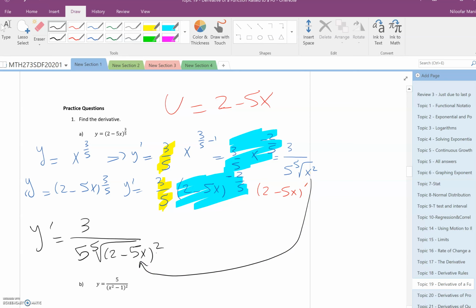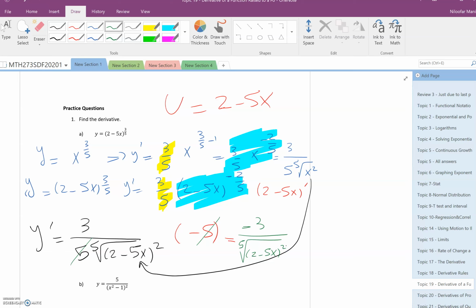But then you have to times with derivative of inside, which is minus 5. And then the answer is minus 15. Okay, I can cancel this and this. So the answer is minus 3 over root 5, 2 minus 5x power 2. Okay?